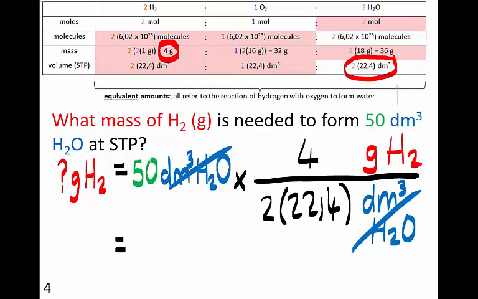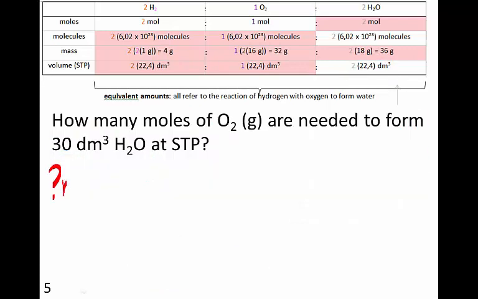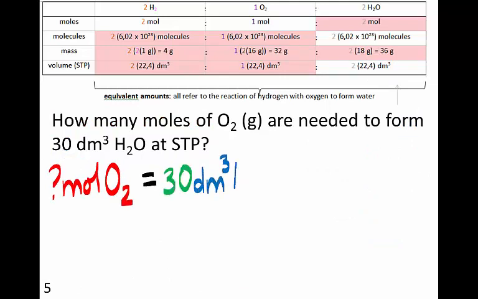So in this particular case, where you don't have 2 times 22.4 decimeters cubed of water produced, but rather 50 decimeters cubed, how many grams of hydrogen do we actually need? 50 times 4 divided by, we can say divide by 44.8, or we can go 2 steps on our calculator, divide by 2, divide by 22.4, equals 4.46 grams of hydrogen.